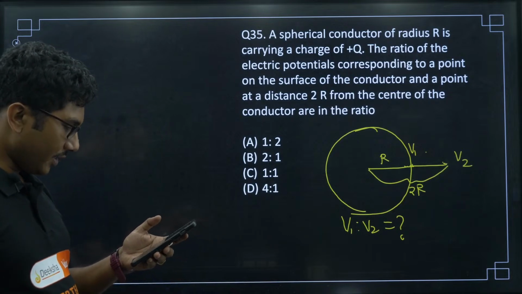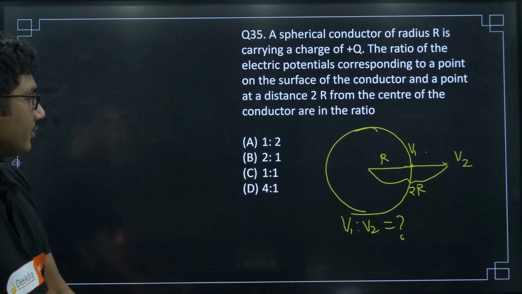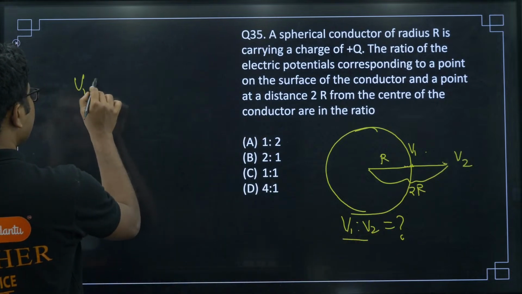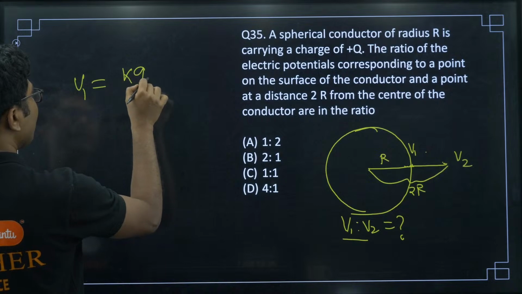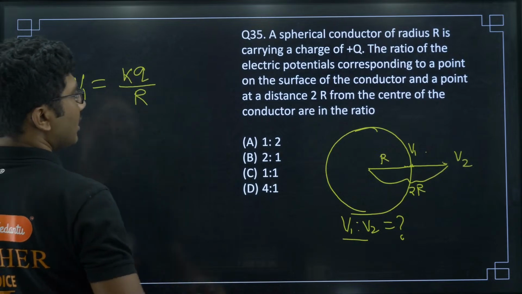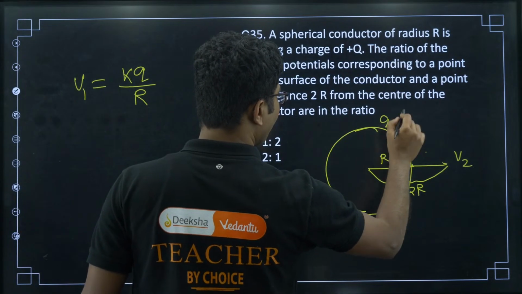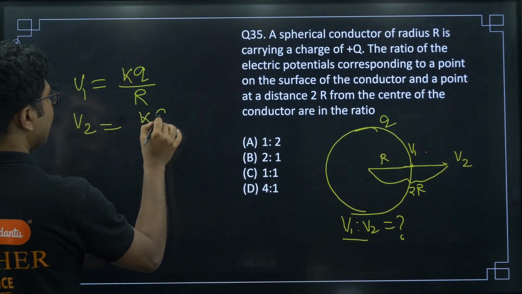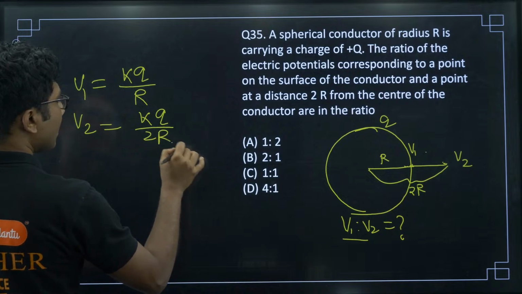So, let us see. What is V1? V1 is K Q by R. So, total charge on the surface, say Q. What is V2? V2 is K Q by 2R, right.